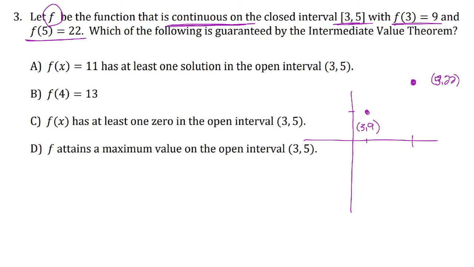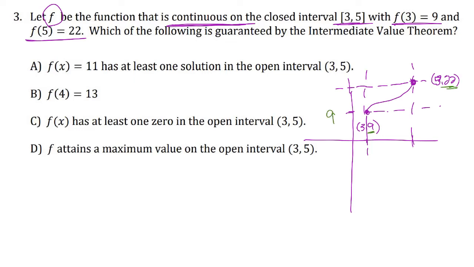Now, what the intermediate value theorem is going to suggest is over this interval here, and we can dot this off and try to help pinpoint what's going on with this. So, according to the intermediate value theorem, there's got to be a y value. Let's see, we have 22 and we have 9.